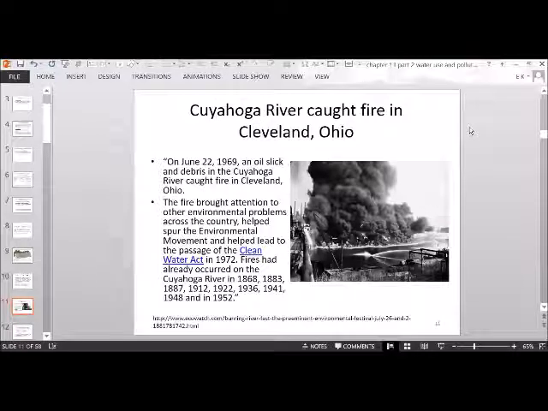So the river caught fire. And this brought the attention to other environmental problems across the country. And it helped spur the environmental movement and helped lead to the passage of the Clean Water Act. And actually, there had been fires previously on this river before 1969.